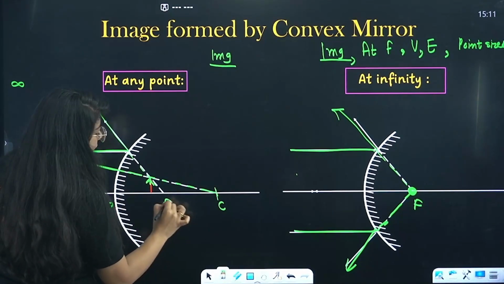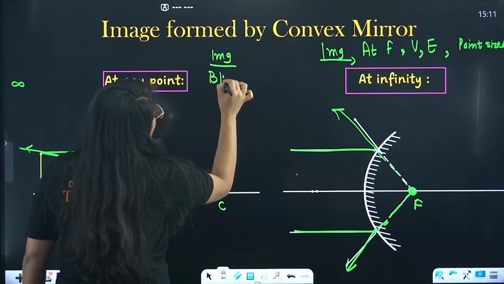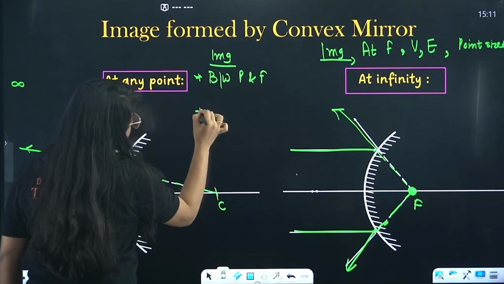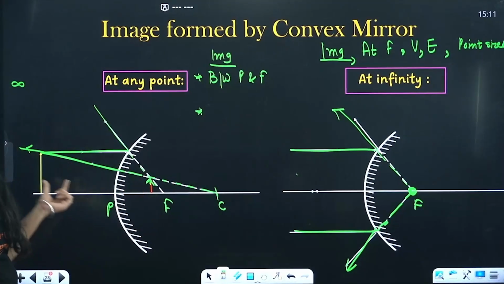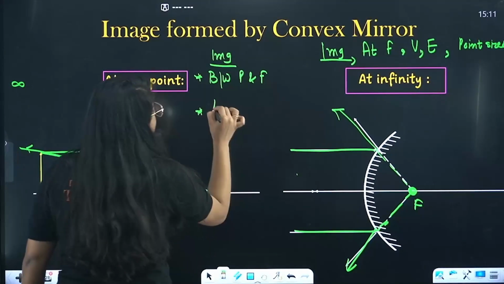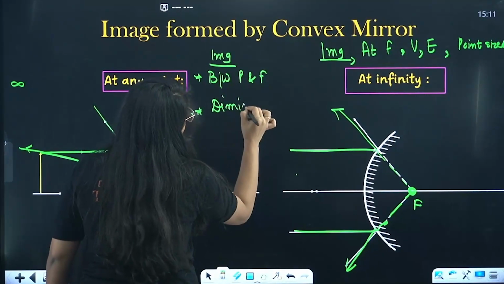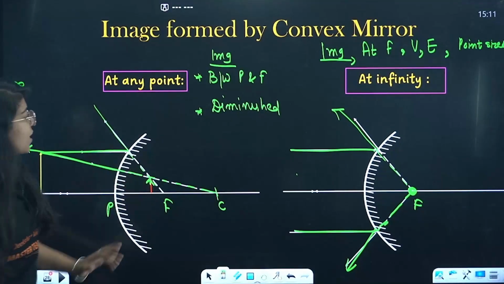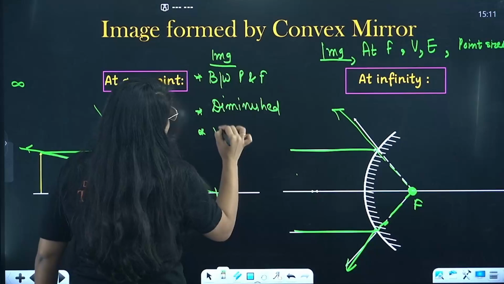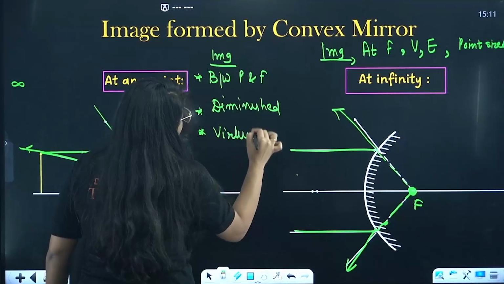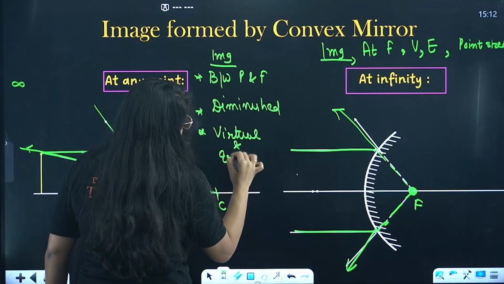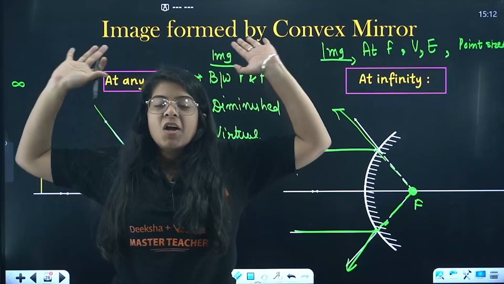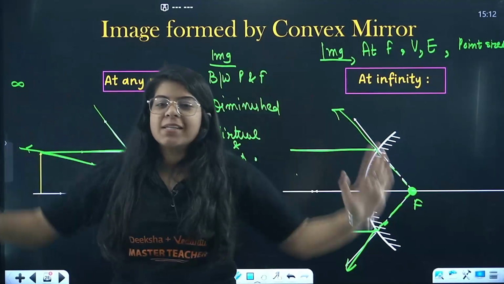First point, the image is clearly very small, so the image will be diminished. And when virtual rays are meeting, we know, so this is virtual and erect. Done. Image formation by mirror is done.